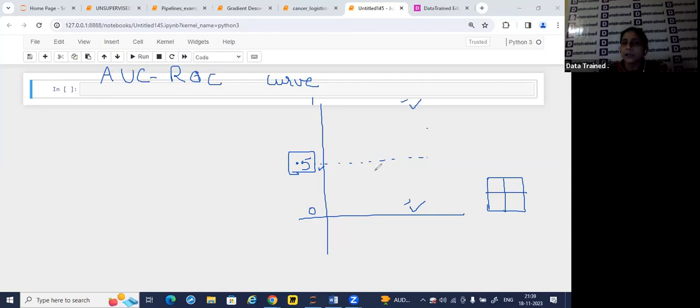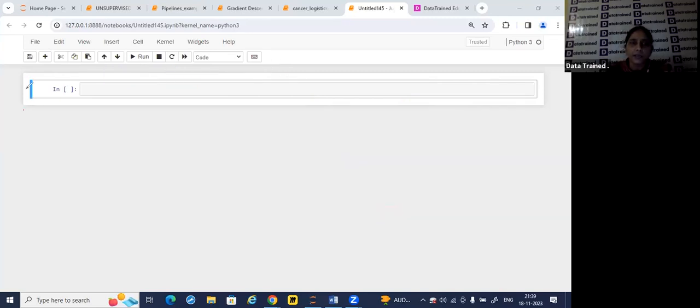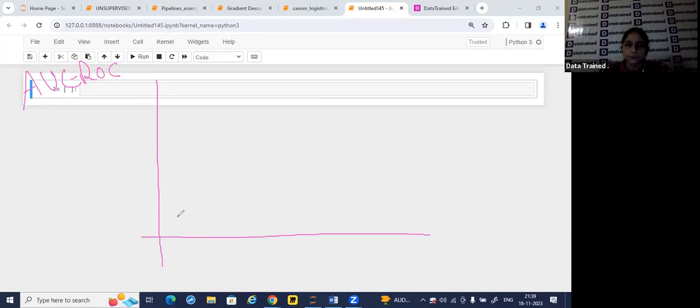Second, suppose we lower down this 0.5. Instead of 0.5, we are lowering this value here. So here I'm changing this now. See, in AUC now, if I take this case, suppose the threshold value I'm taking is 0.1.